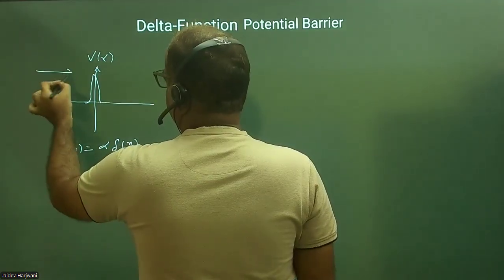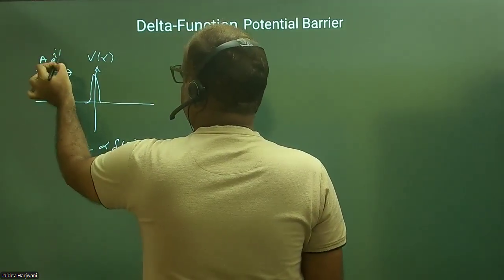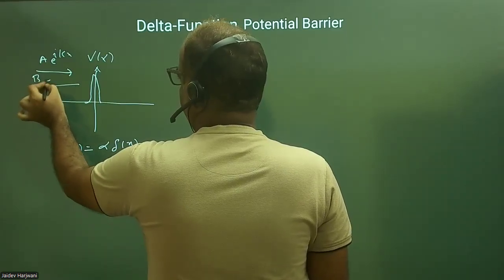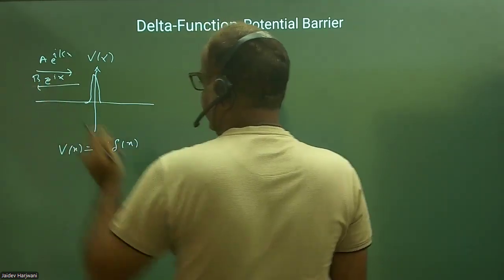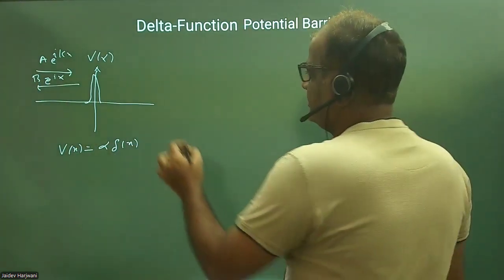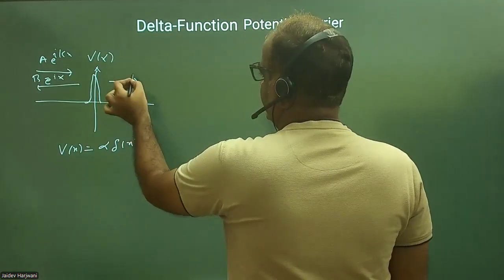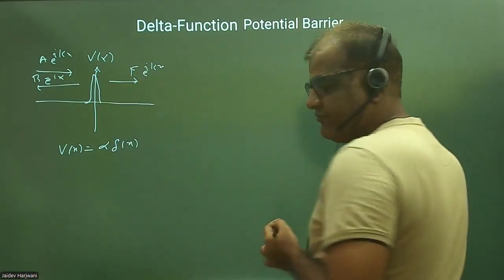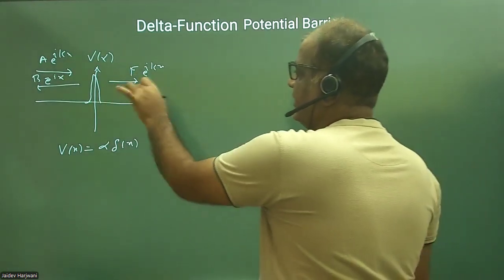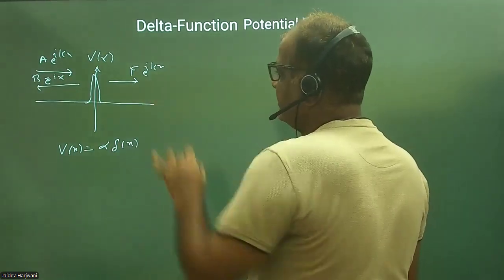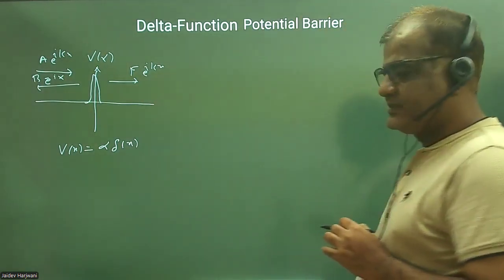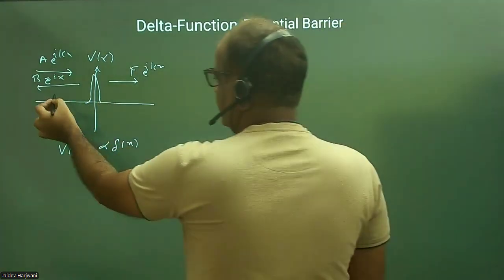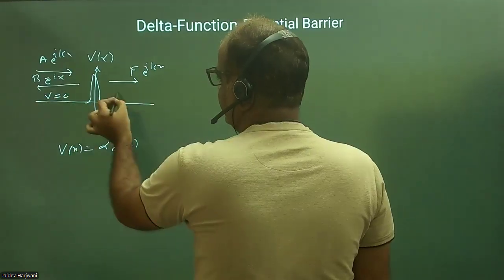So say this is my incoming flux, and this is my outgoing, reflecting flux, and this is my transmitted flux, F e^(ikx). On this side there is no further flux moving in the minus x direction. So these are my fluxes, and we know the Schrödinger equation here, where V is 0.